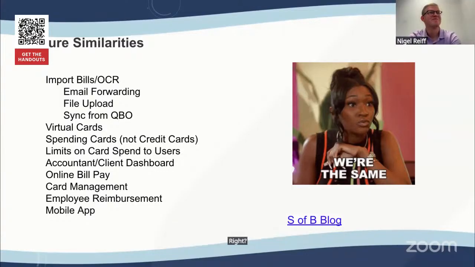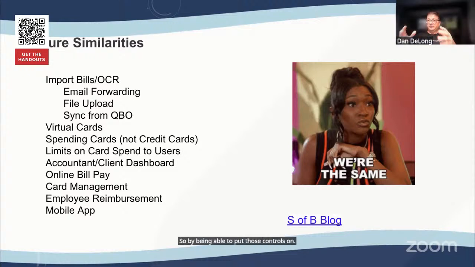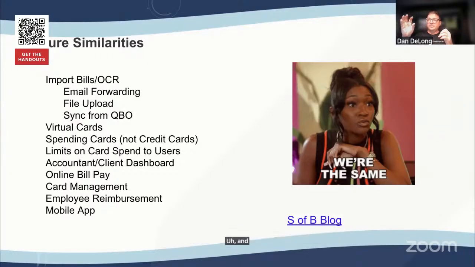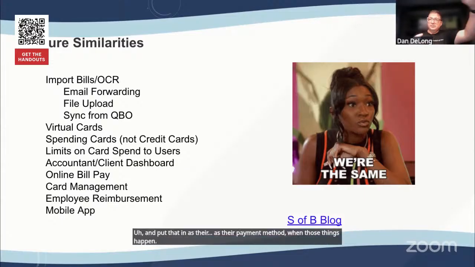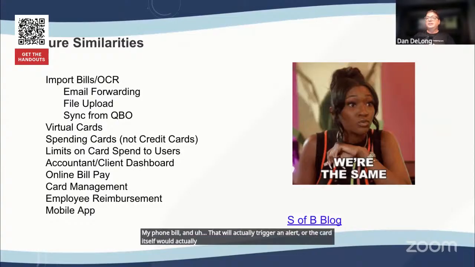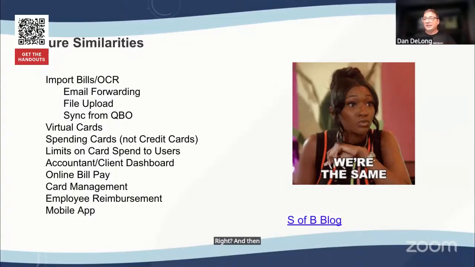By being able to put those controls on one particular virtual card rather than a physical card, and using that as the payment method, when there's a spike in my phone bill, that will trigger an alert, or the card itself would be declined, right? And then that'll get attention.